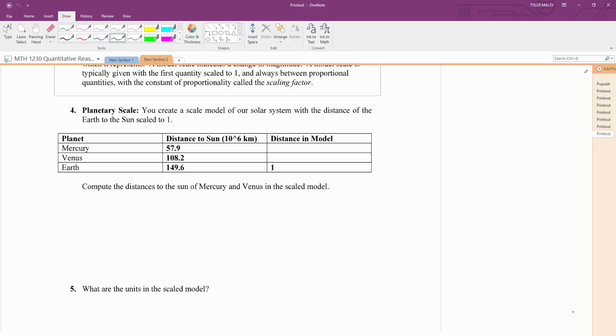Here we're given a table where we list 3 planets, and we're told how many million kilometers they are away from the sun. And then here we have distance in the model. We already have filled in that we want the Earth to be 1 unit away from the sun, so we need to figure this out. We could use proportion to do this also.